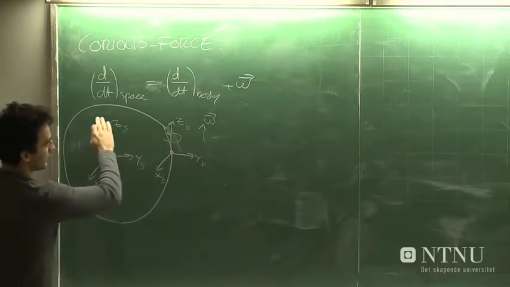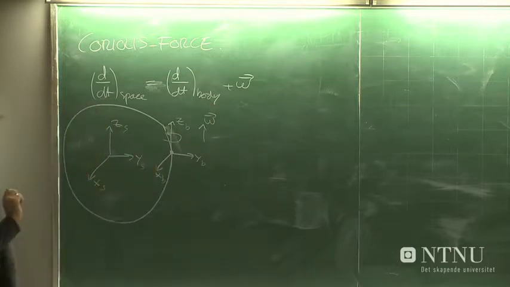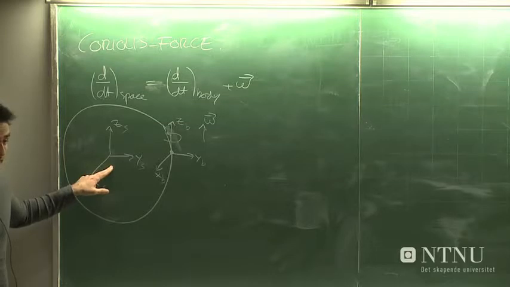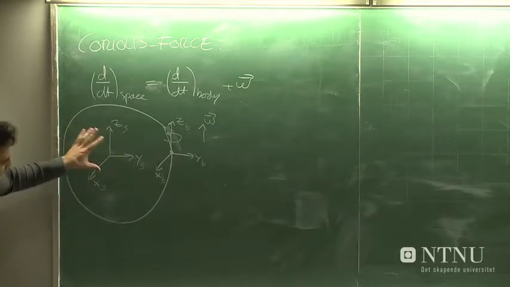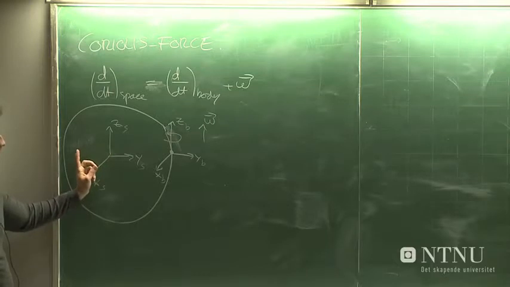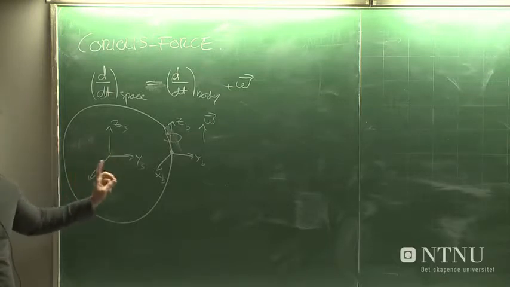Now, in deriving this relation, we actually assumed that the origo of these two coordinate systems coincided. Right? We had a fixed system, and then we had a superimposed rotating system with the same origo, with the only difference being that it was rotating.